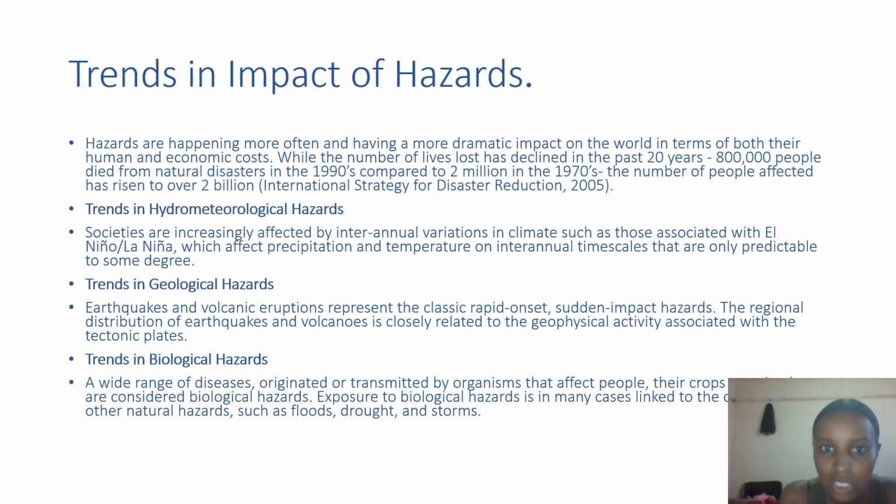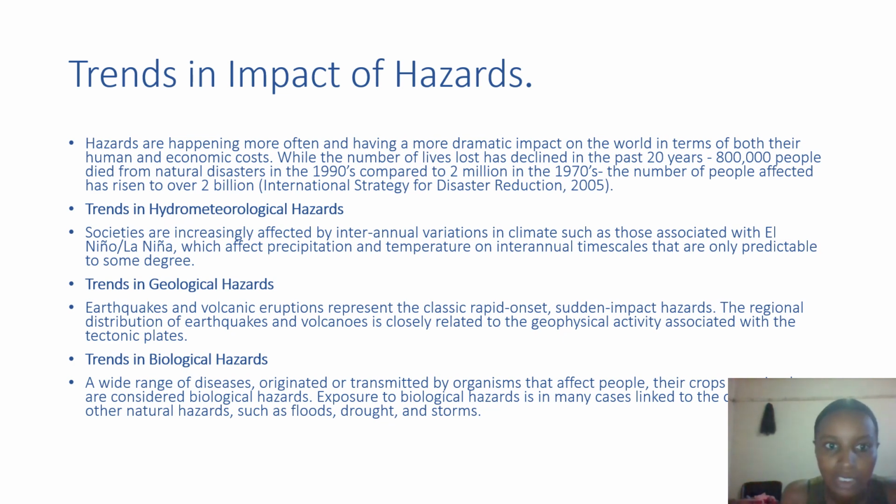In the past 20 years, the number of lives lost has declined, whereby 80,000 people died from natural disasters in the 1990s compared to the 1970s, where there was loss of about 2 million people.